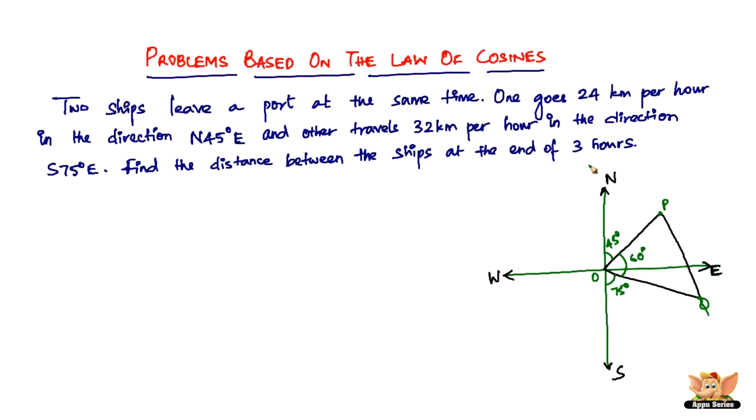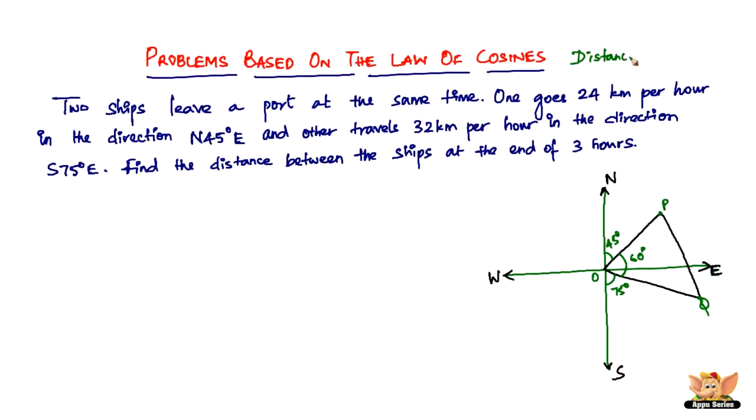Now what we first need to see is how far the ships have traveled at the end of 3 hours. So how do you find the distance? We have speed equals distance traveled divided by time taken. So distance traveled is speed times time, right? Let me mention that here.